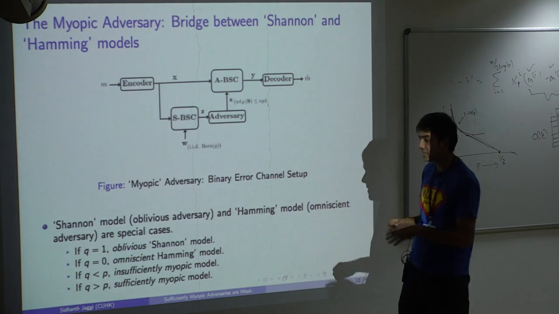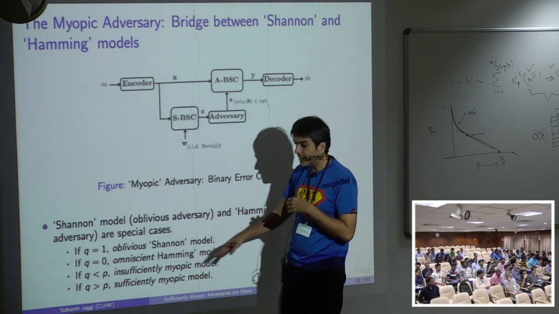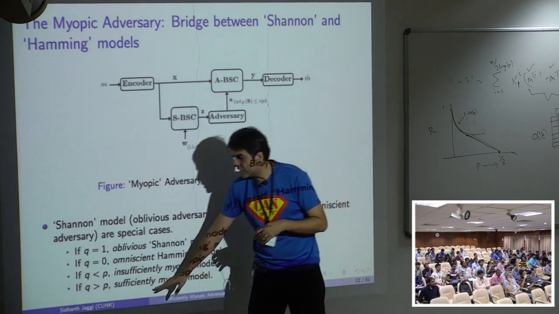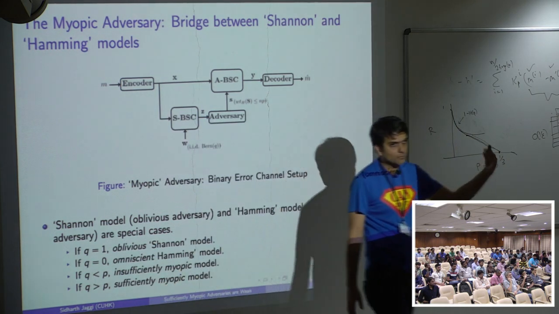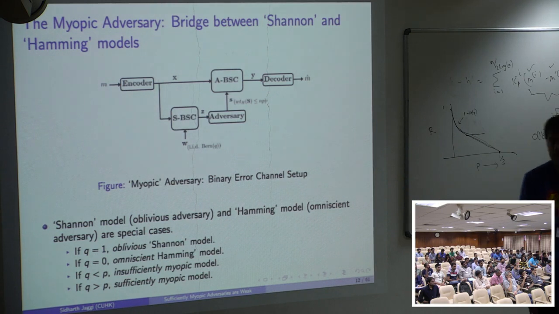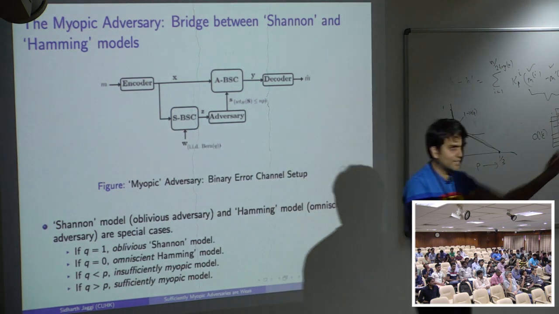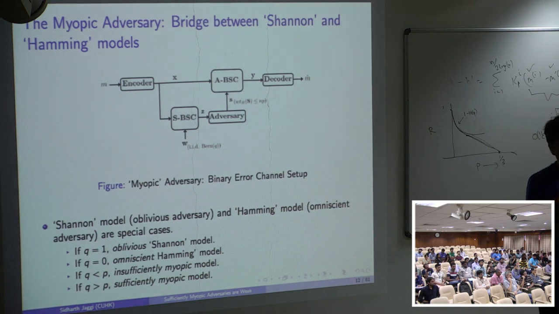Let's start with when q is larger than p, that is, the random noise towards James is larger than the noise he can impose on the channel, and implicitly both of these are less than a half.